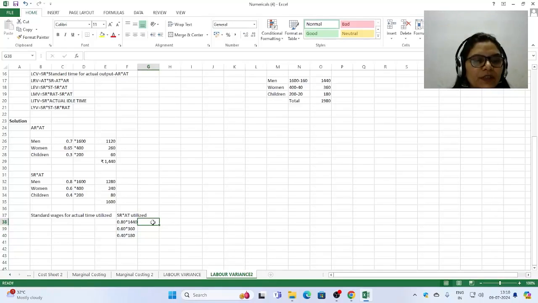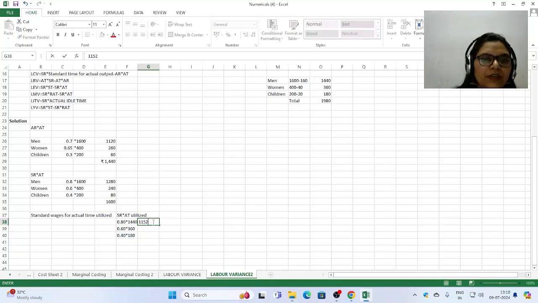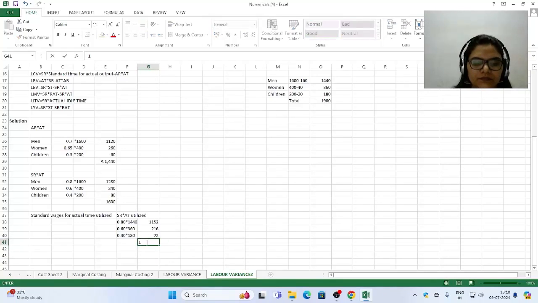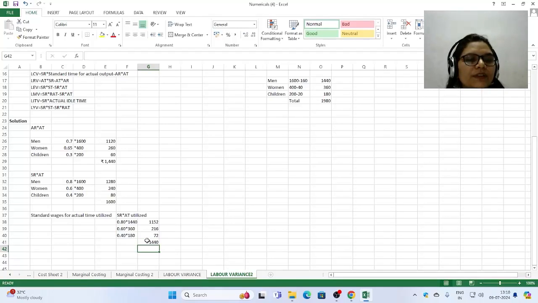So the total will be 1152 plus 216 plus 72, and the total will be 1440. So this is all about SR into actual time utilized.